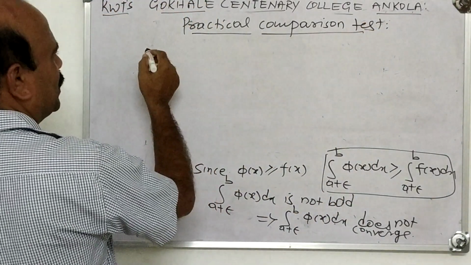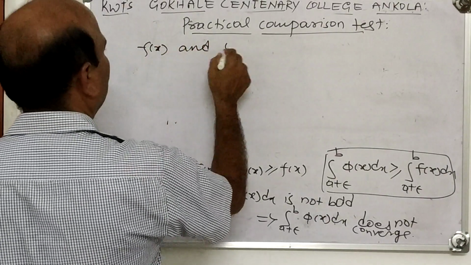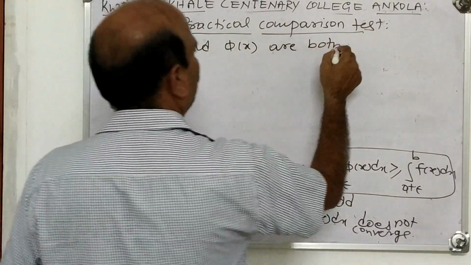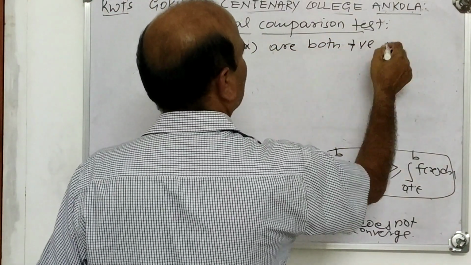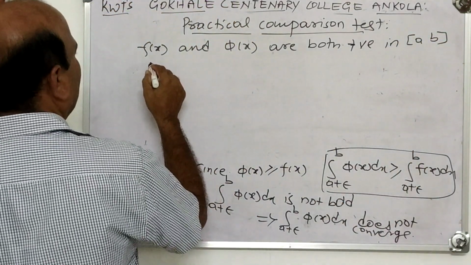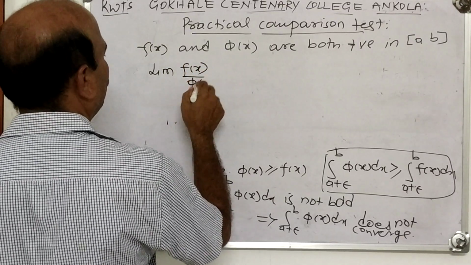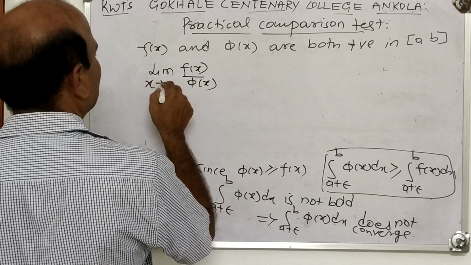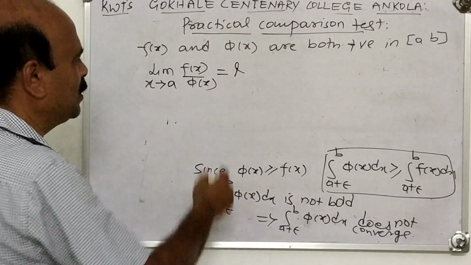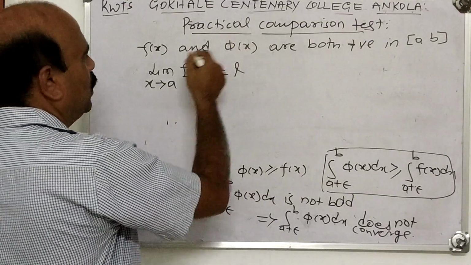So what does this test say? Suppose f(x) and φ(x) are both positive in the closed interval [a, b], and the limit of f(x)/φ(x) as x tends to a is equal to L. Then L is also positive, because both f(x) and φ(x) are positive.